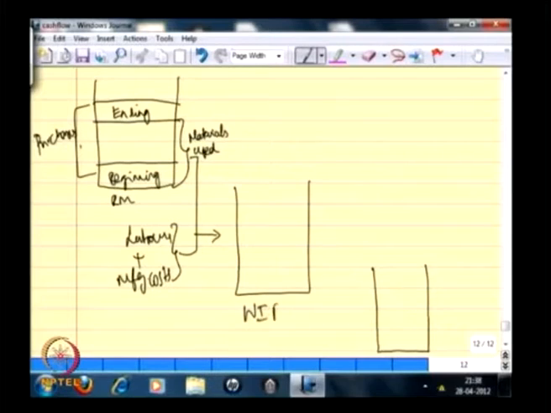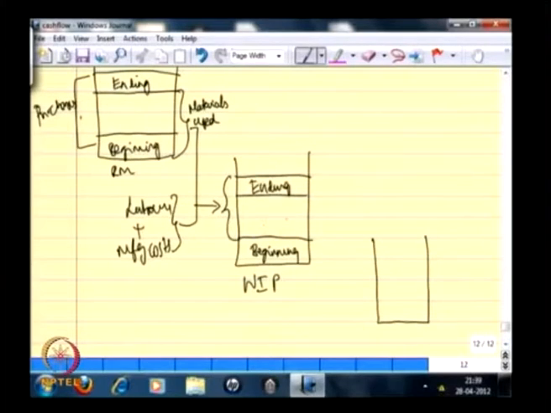Now, let us say this is your work in process. Here again you had a beginning inventory, let us say you have an ending inventory here. So, it is this that gets translated as work in process, and after you work on this, you have some completed goods. That gets to your finished good inventory.